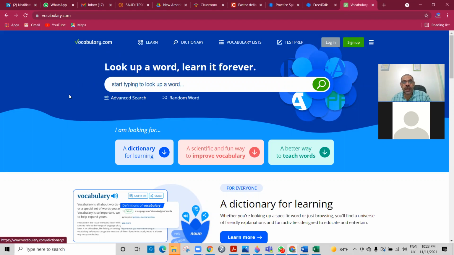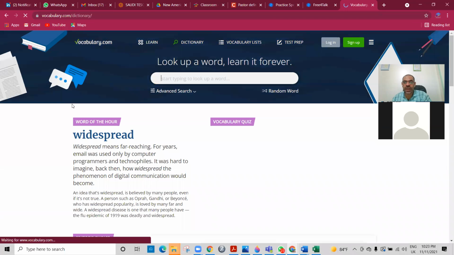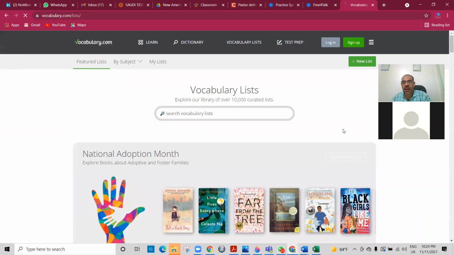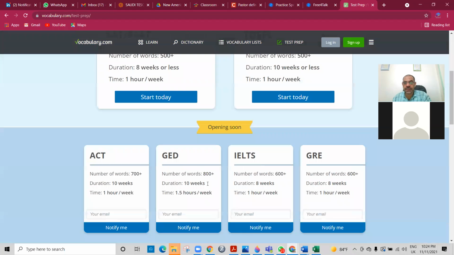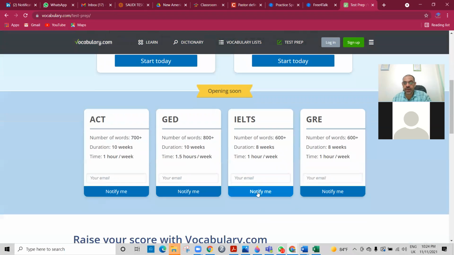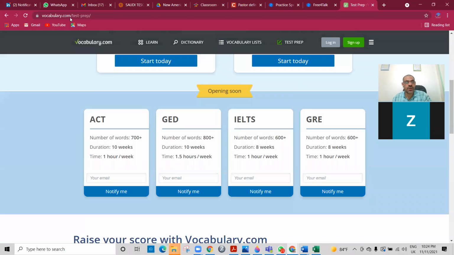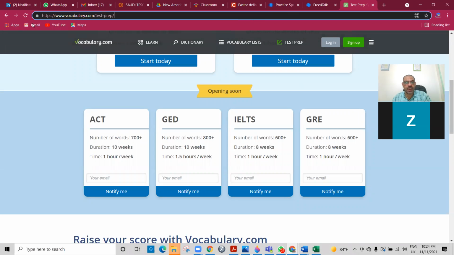So here you can look up the words in the dictionary. You can make your own vocabulary lists. You can sign up and make an account in order to track your progress. You can prepare yourself for a test. So this is a very nice website for vocabulary.